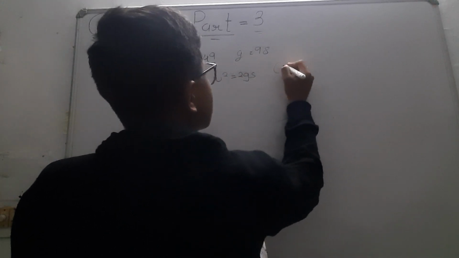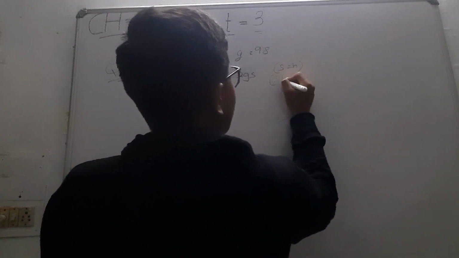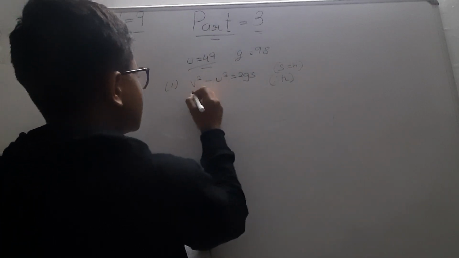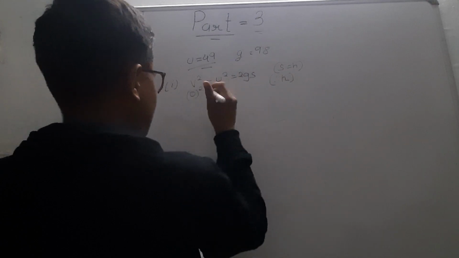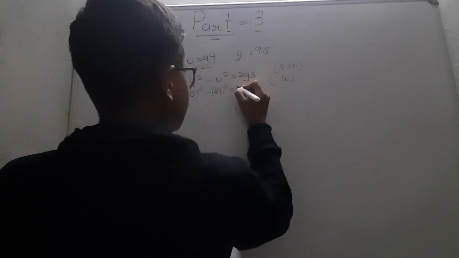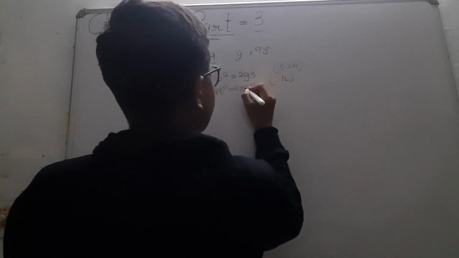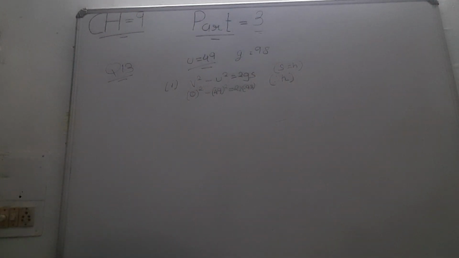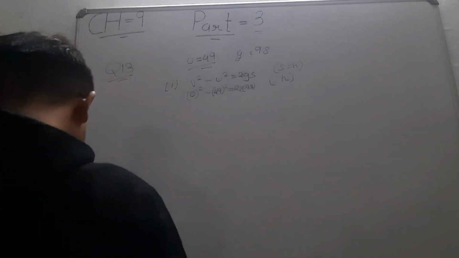We can replace s with h. Therefore, v square is 0 square minus 49 square is equal to 2 into minus 9.8 into h. Why are we taking minus 9.8?